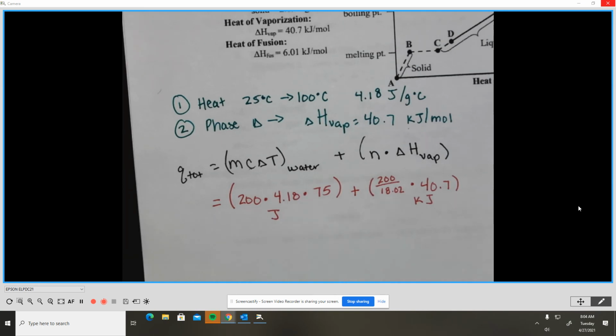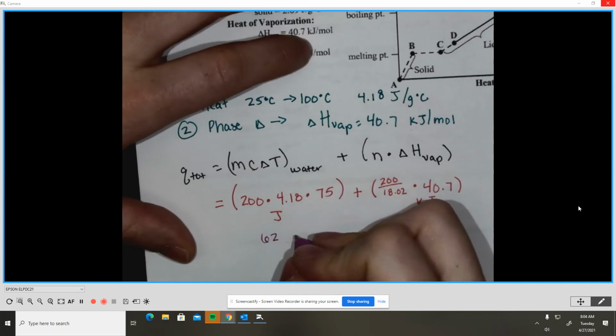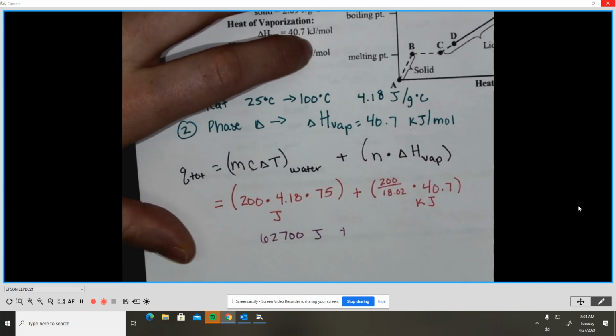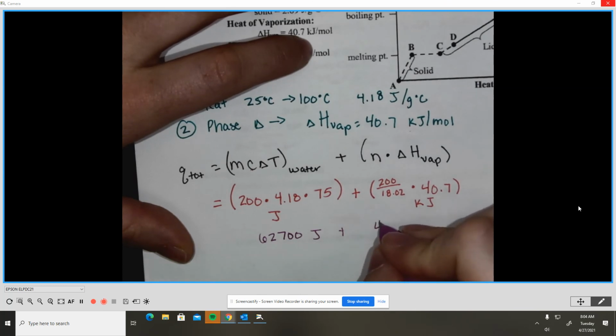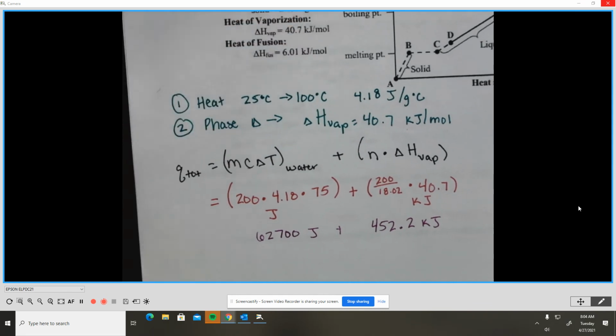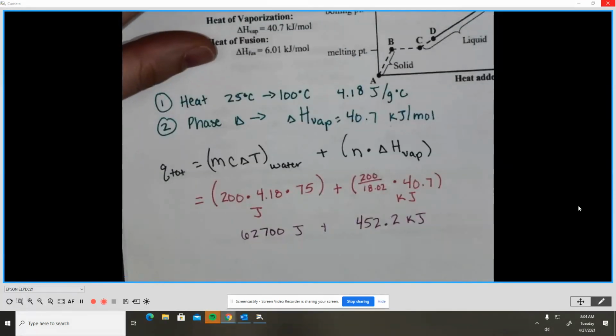I like to do my parentheses first. So in this instance, for my parentheses, I've got 62,700. My unit for this one is joules, plus 452.2 kilojoules. We want everything to be in the same units, and the question specifically asked for our energy in kilojoules.